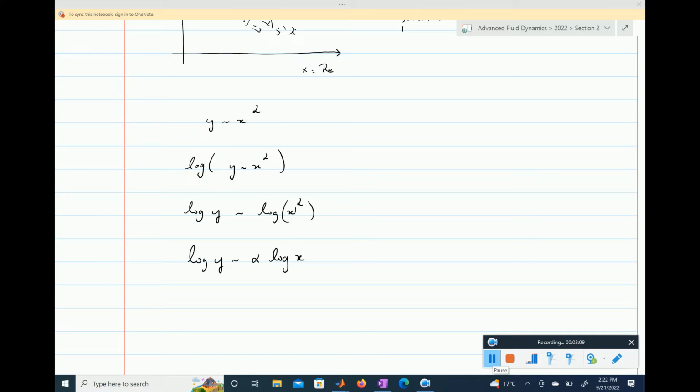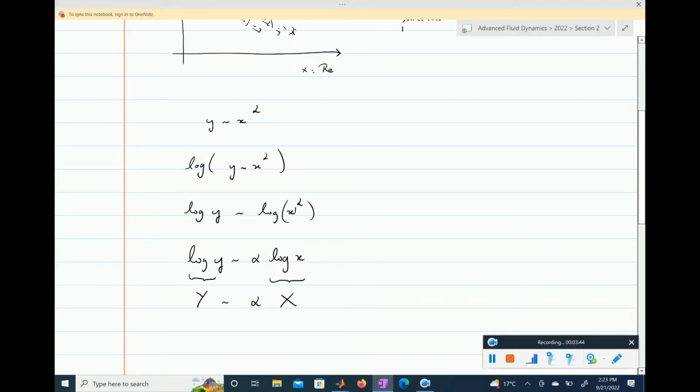So we see here that if y is a power law in x, then the log of y is going to be a linear function of the log of x. And so if we plot the log of y, which we call capital Y, as a function of the log of x, which we'll call capital X, we see that the log of y is a linear function of the log of x, and that alpha is really the slope of that linear function.